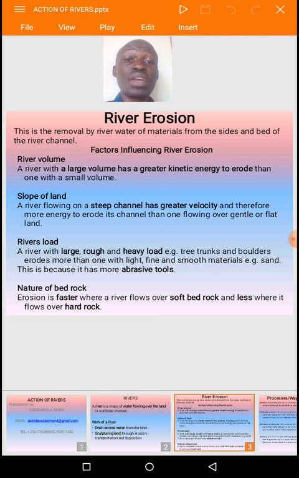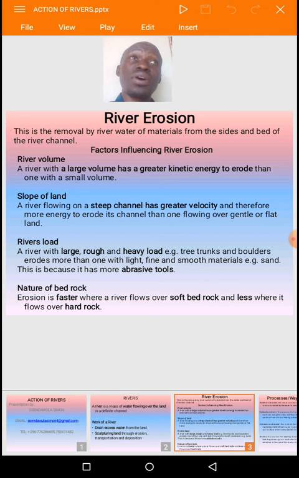If they are being removed, then if we have fine or smooth materials, both of these have an effect, whether in terms of how much will be carried or the effect of this erosion. Remember, in river erosion, we look at two aspects: how much is carried and the effect of the process.